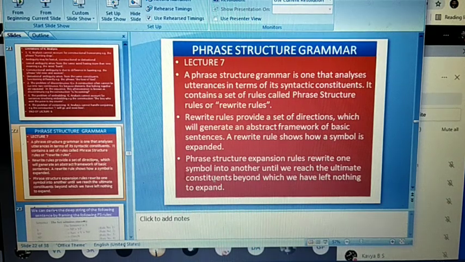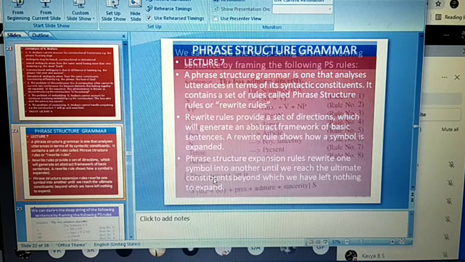A rewrite rule provides a set of directions which will generate an abstract framework of a basic sentence. A rewrite rule shows how a symbol is expanded. Phrase structure expansion rules rewrite one symbol into another until we reach the ultimate constituents, beyond which we have nothing left to expand.